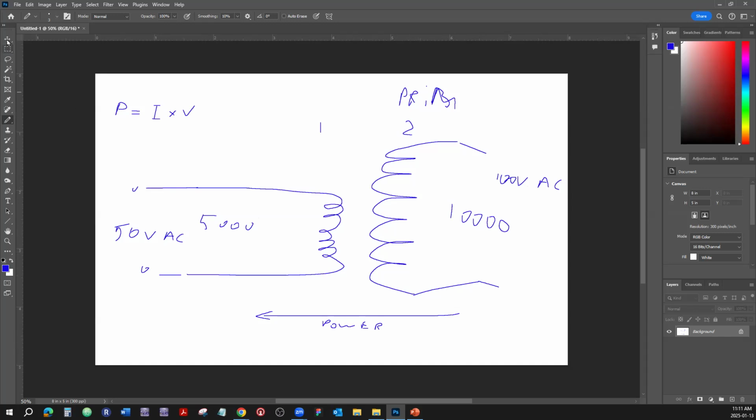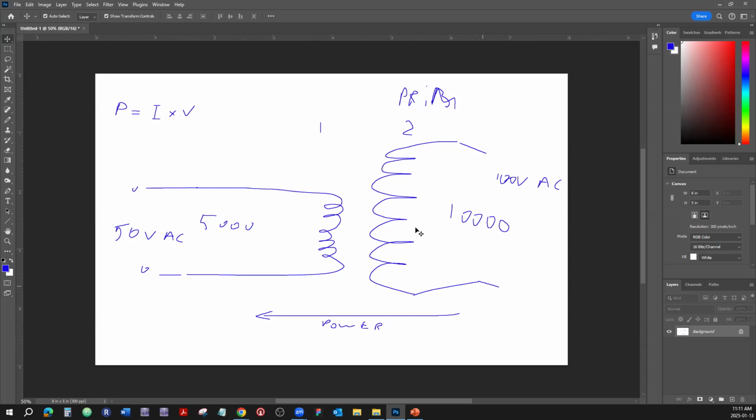Here's 100 wounds, 10,000 wounds, and over here is only 5,000 wounds, which means the ratio of the windings is 2 to 1, which means the ratio of the voltages is going to be 2 to 1.